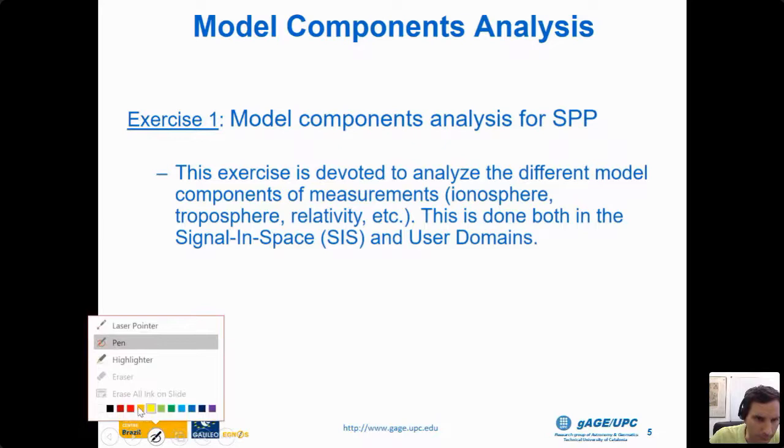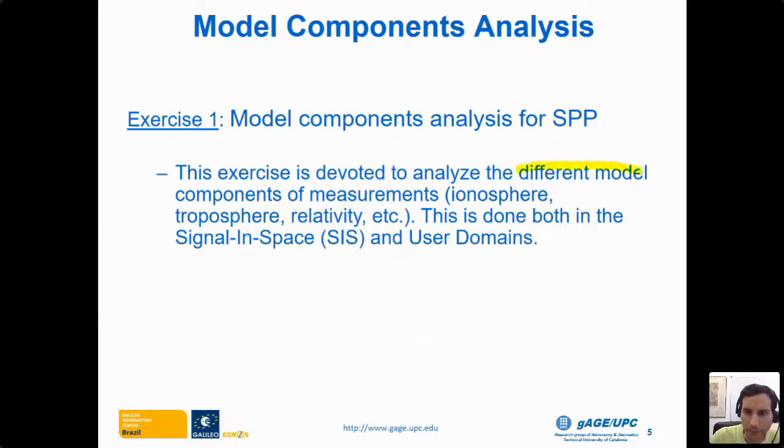We have seen that there are measurements generated by the receiver, and now we will see how we have to take into account the different models of the signal propagating from the transmitting antenna on the satellite to the receiving antenna on the receiver here on Earth.